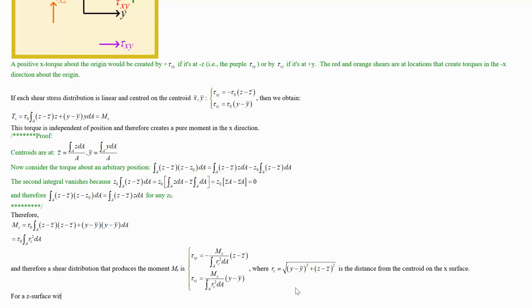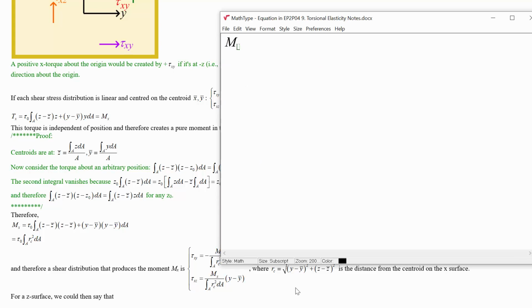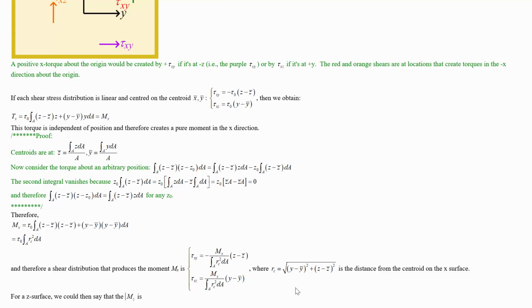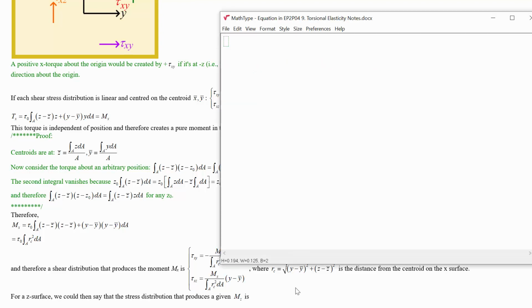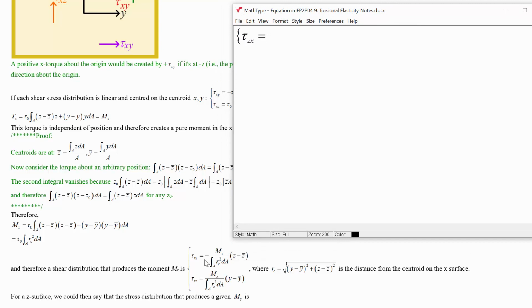For a Z surface, we could then say that the stress distribution that produces a given Mz is tau on z in the x, which is equal to something that depends on negative the y value.